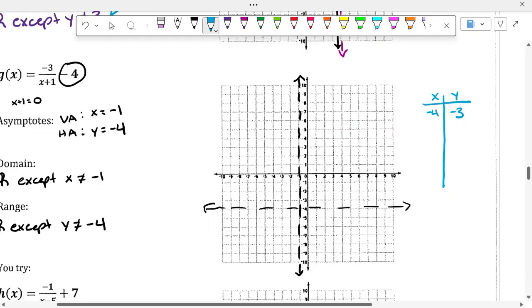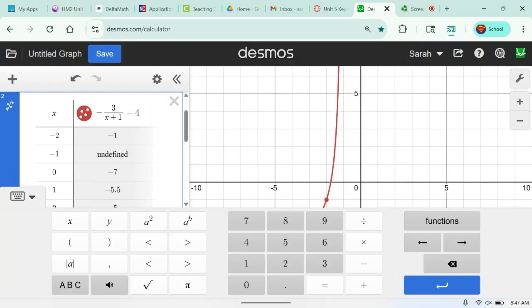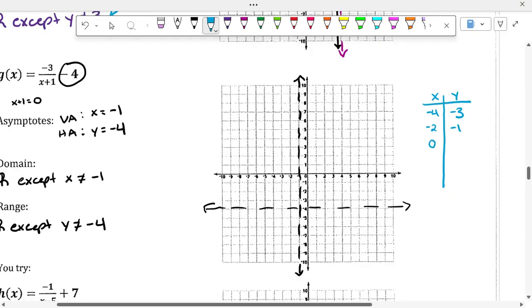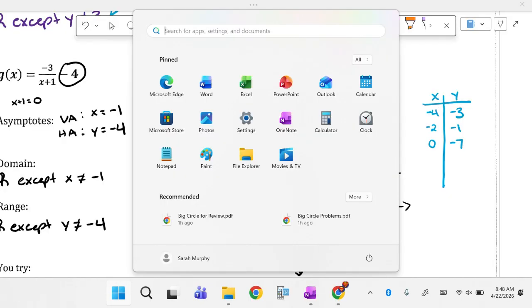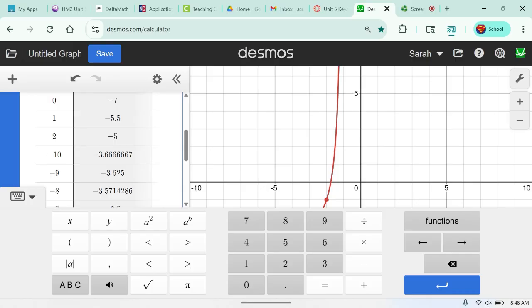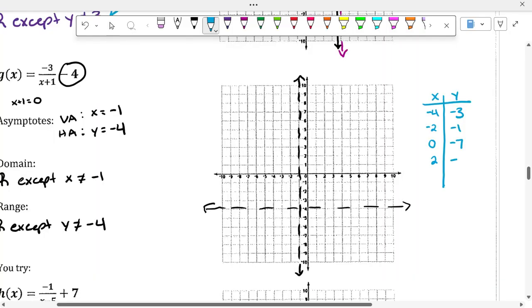It's -1. So -2, -1. -1 is undefined, which makes sense because that's where our vertical asymptote is. 0 is pretty nice because it's at -7. So 0, -7. And then 1's okay, but it's not the best. 2's pretty okay, though, because we got a nice whole number. So 2, -5. And I can guarantee you the rest of them will not be pretty. So we'll leave it to that.